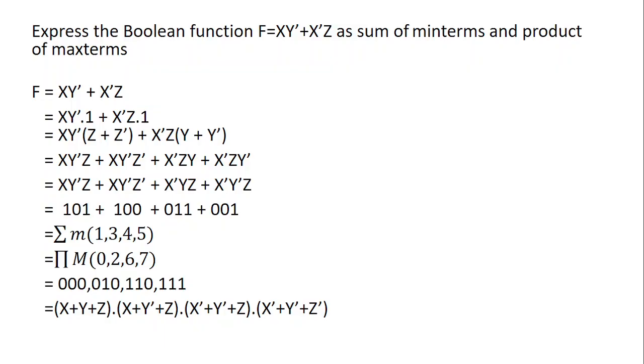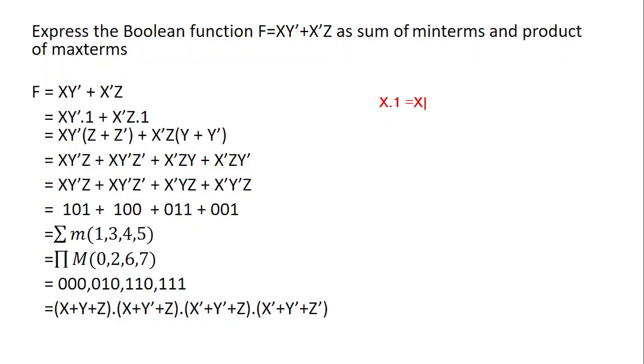The given term is xy dash, I have taken the same one, xy dash. Now we know very well that if you take any variable and multiply it with 1, you get the same variable.